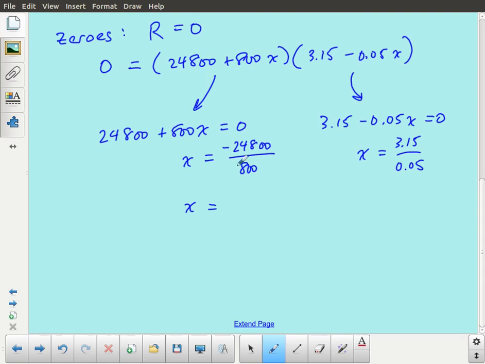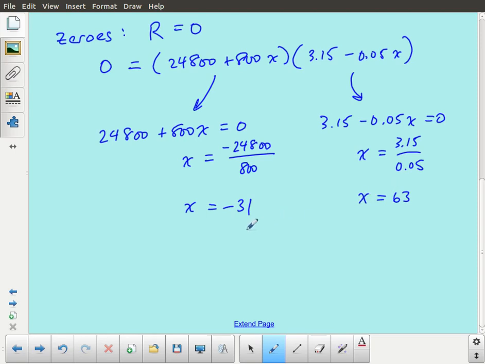And that's equal to negative 31 because there's a negative sign there. And this one is 3.15 divided by 0.05. And that one is equal to 63. And I'm just going to double check that calculation. Divided by 800, yeah, 31.